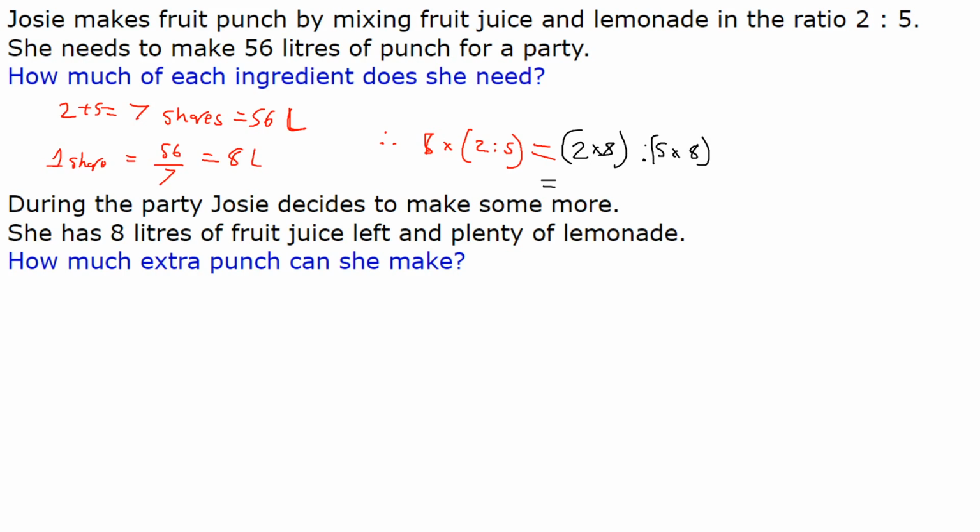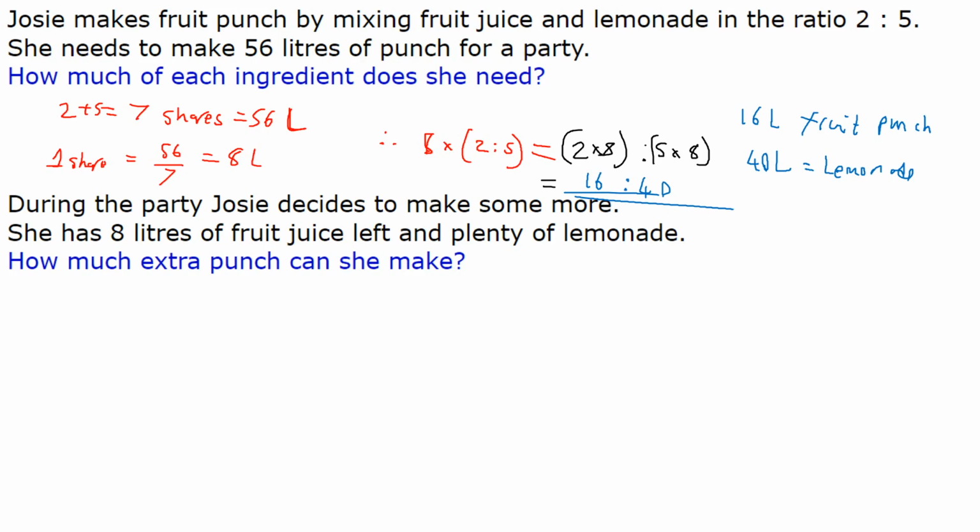And that's just going to be 16 to 40. So she needs 16 litres of fruit juice and 40 litres of lemonade. Okay.